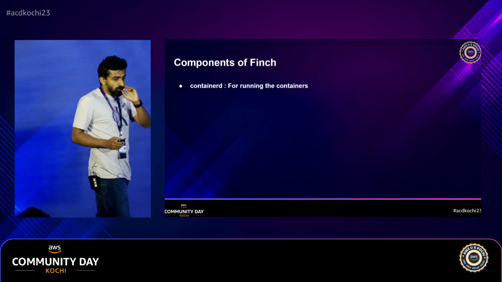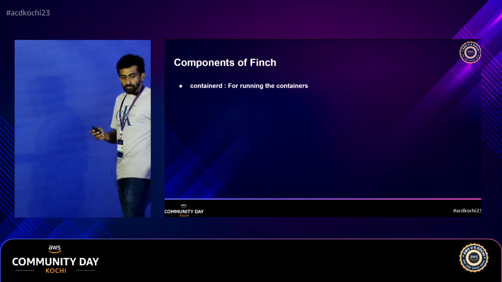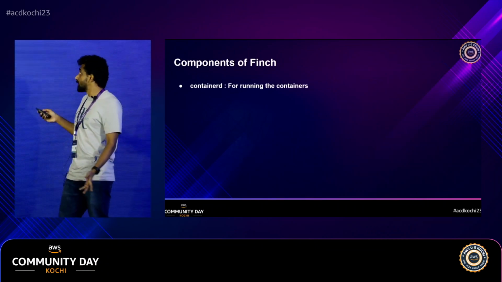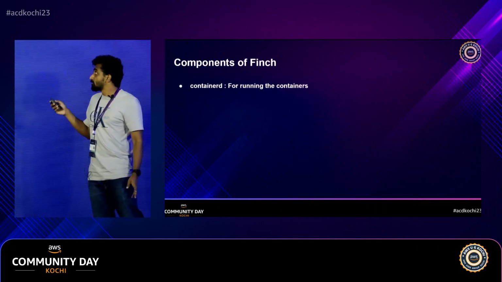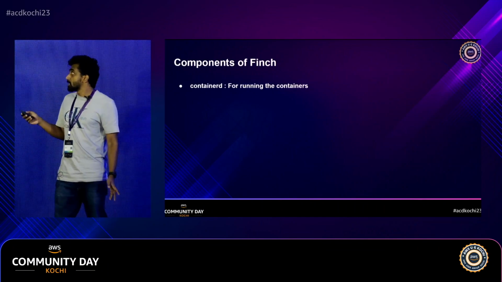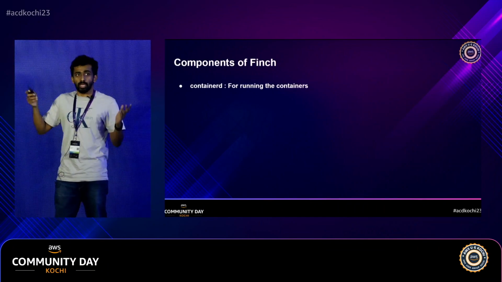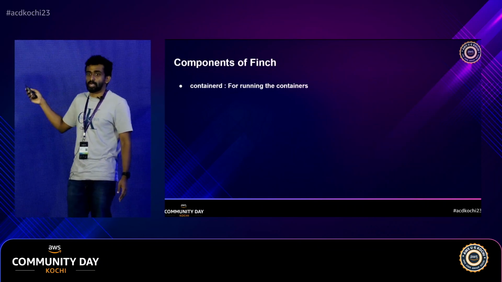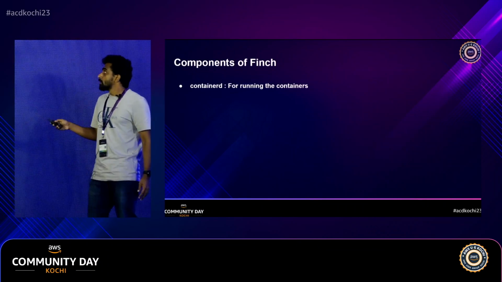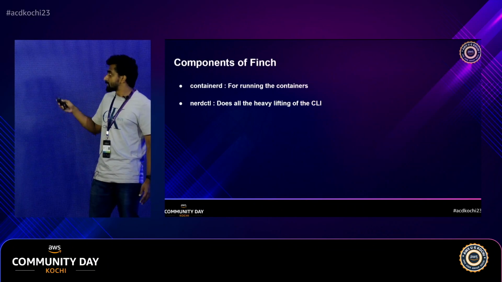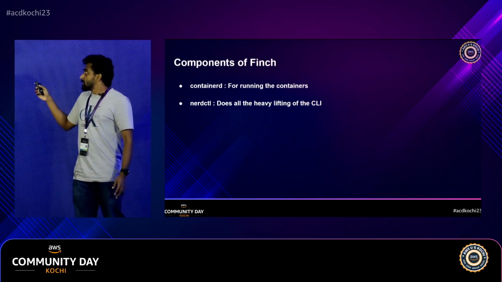So now we will go into the components of Finch. The first one is containerd. containerd is for running the containers. Kubernetes now defaults to containerd as a container runtime. Then nerdctl.